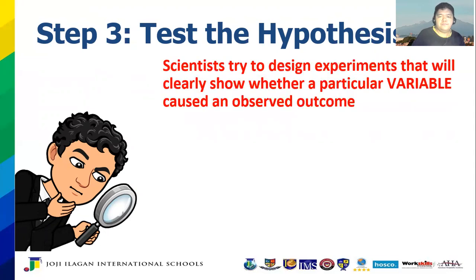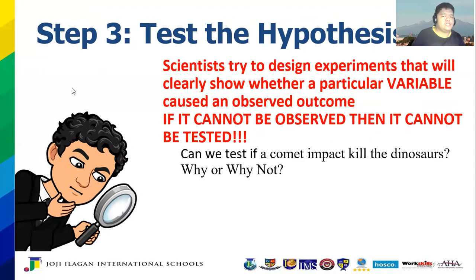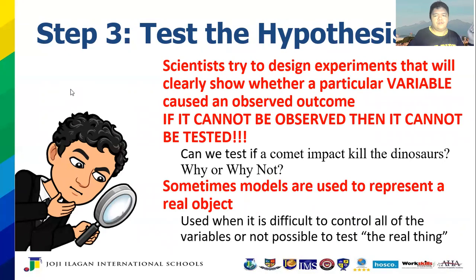so scientists will try to experiment whether it can show a particular outcome. If it cannot be observed, it cannot be tested. Plain and simple. No, so you can really see that you can actually also use a model to further explain your theory about, say, for example, can you say that comets or some falling star killed the dinosaurs?